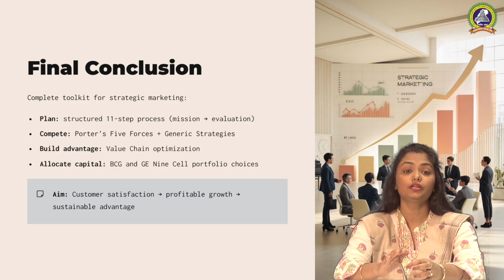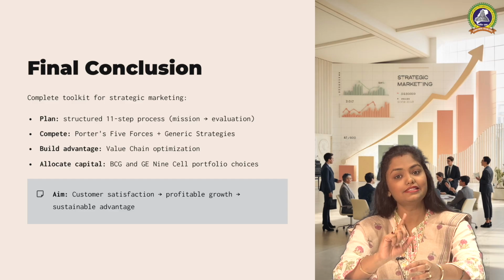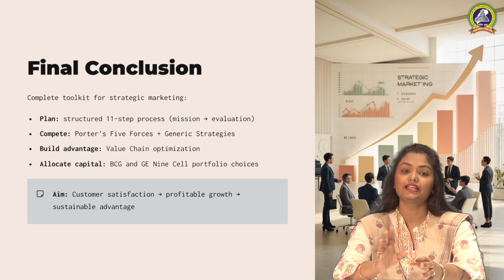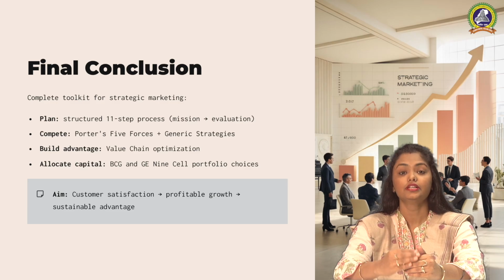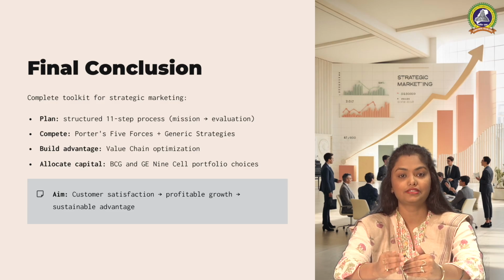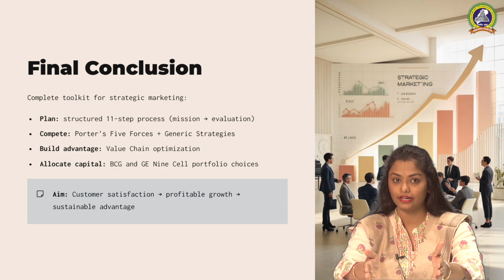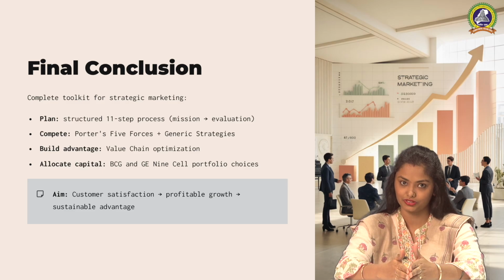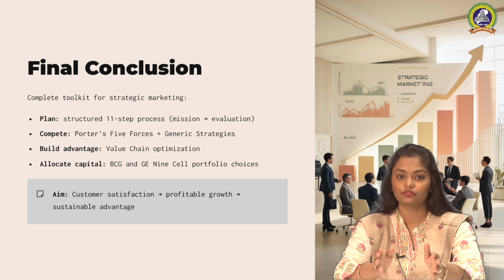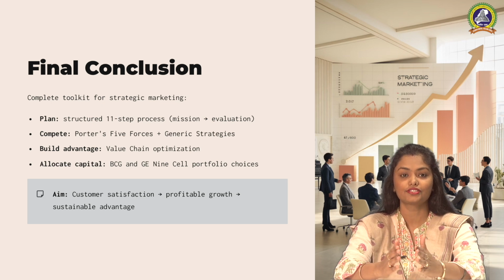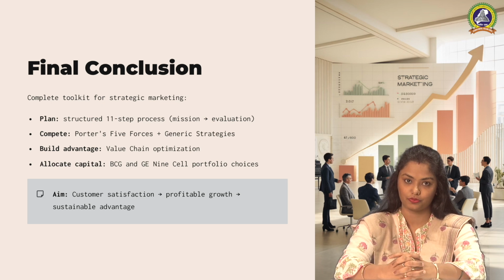And we use the portfolio models, that is the BCG matrix and the GE9 cell grid, to understand how a corporation manages its portfolio of businesses, deciding where to allocate its most valuable resources. Together, this process and these models form the essential toolkit for strategic marketing management.